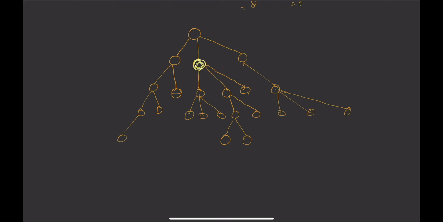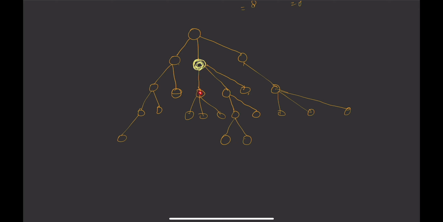Can I get the value from all the children? If for this subtree I know, for this node, the sum of the distances of all the nodes which are in the child of this, either grandchild or direct child, right?